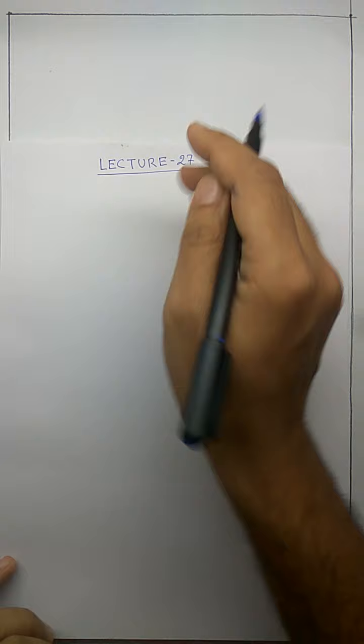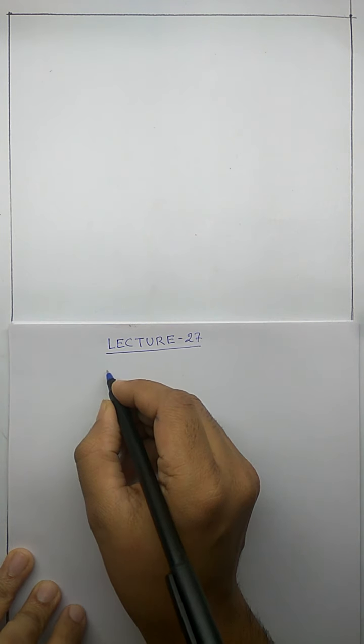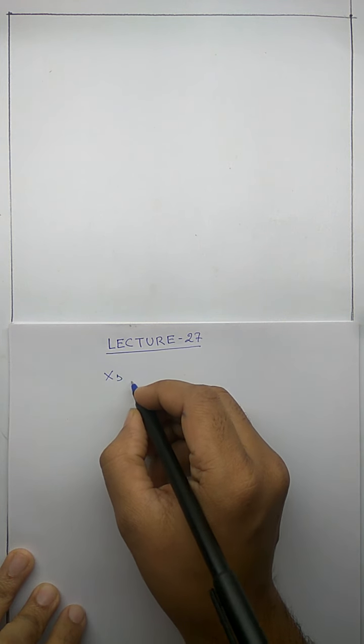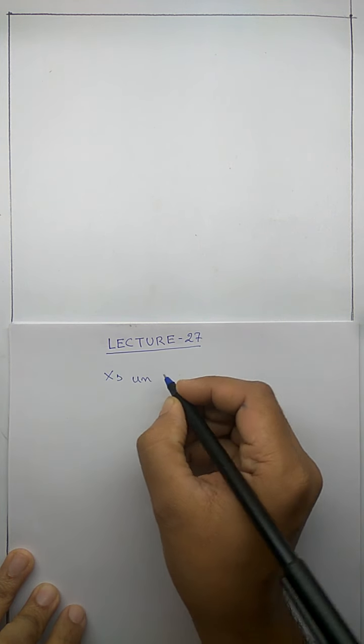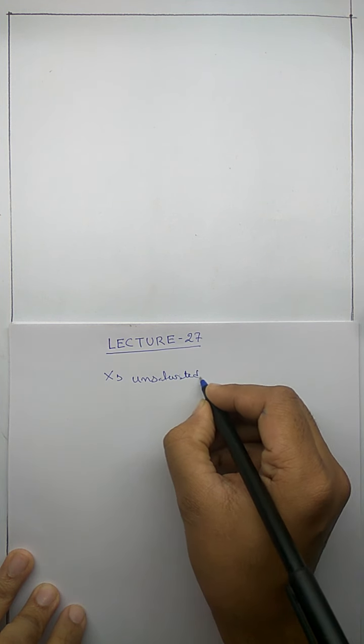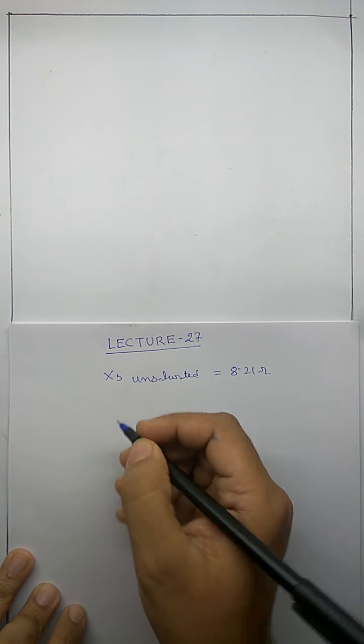What we have done in this is that we have used the open circuit and short circuit data, and from there we have calculated the value of unsaturated synchronous reactance, that is 8.21 ohms.